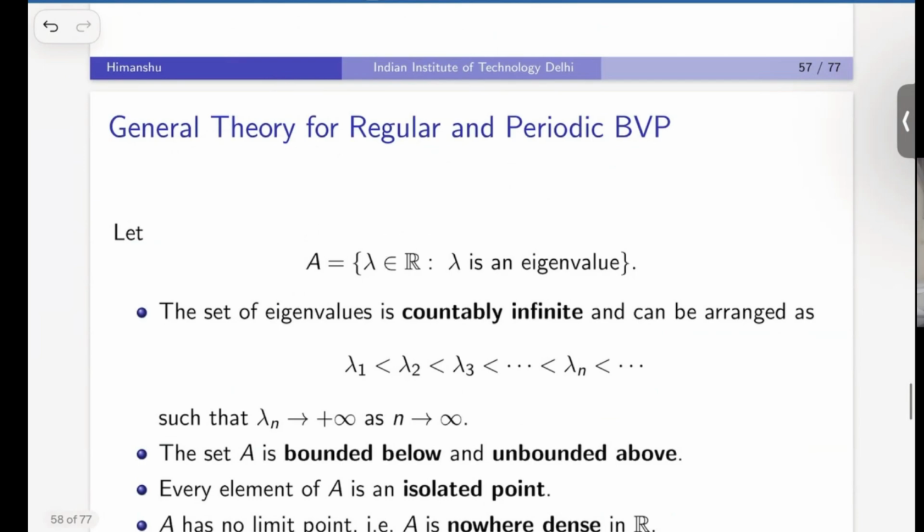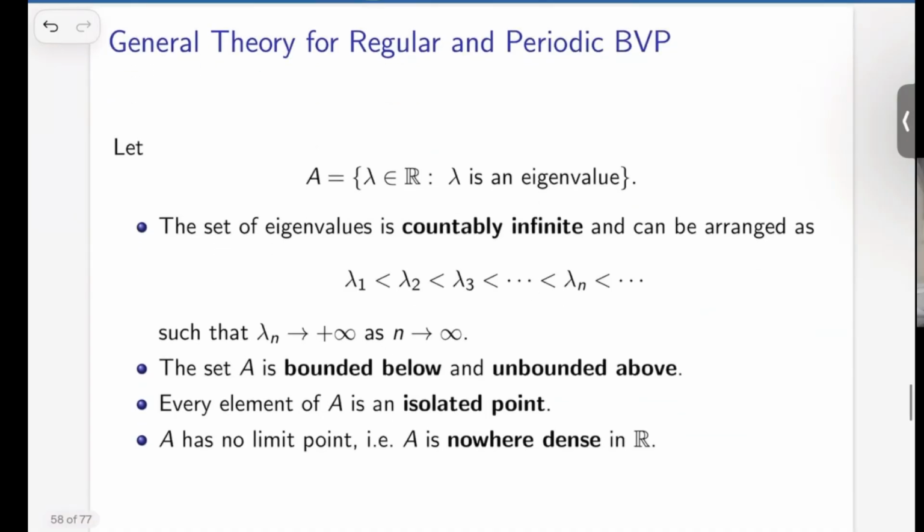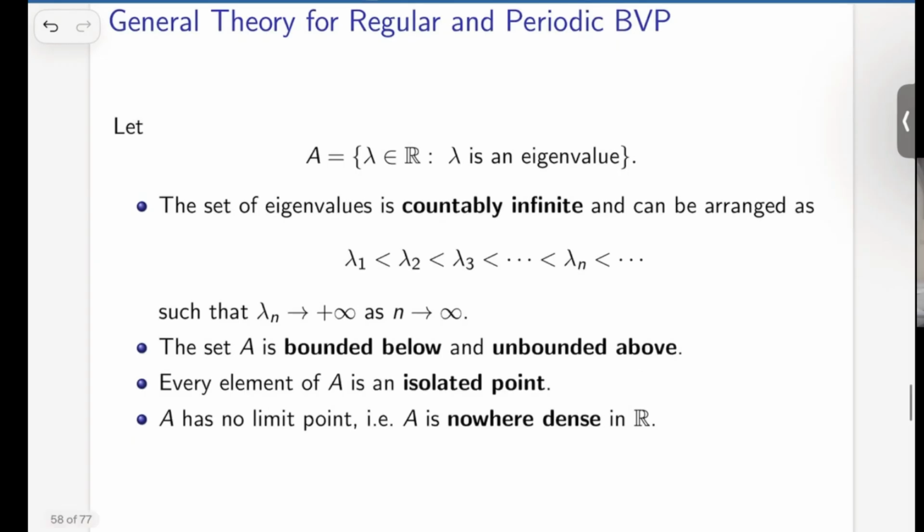Now let's talk about more properties of regular and periodic boundary value problems. Let's say I have a set A, which is the collection of all my eigenvalues. As we have seen, my eigenvalues are countably infinite, and we can arrange them in increasing order such that my eigenvalues approach infinity as n tends to infinity.